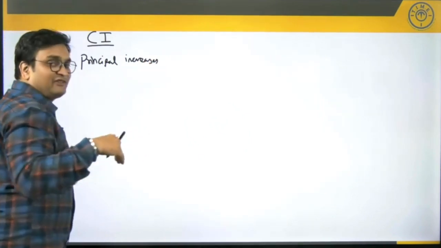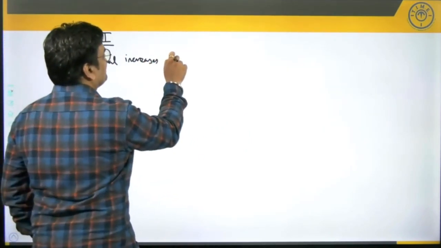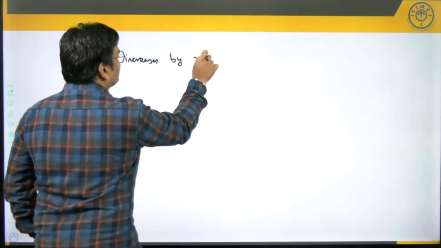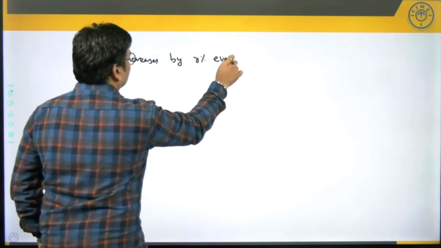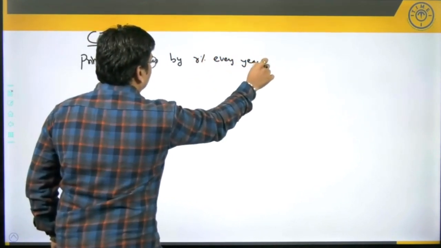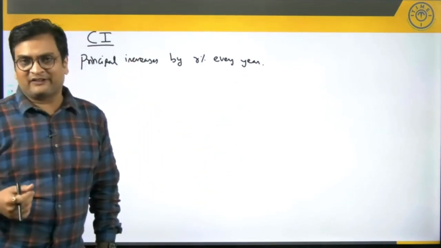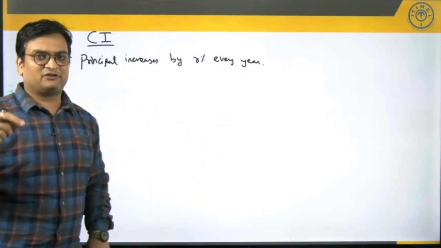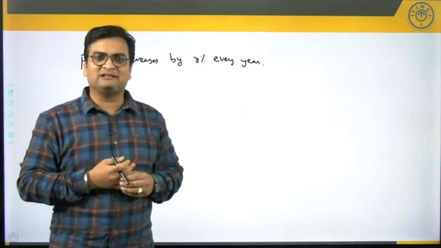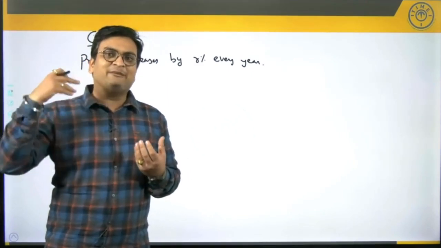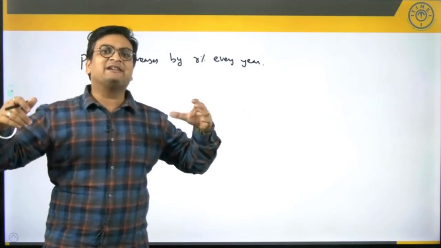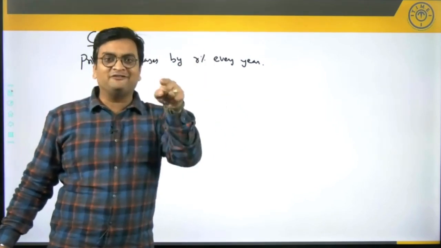And when you say increases, it increases by R% every year. R is your rate of interest. Each year it will increase by R%. So for example, if you have taken a loan at 10%, your loan amount will not be the same 6 lakh rupees. Every year it is going to grow by 10% of the current value.